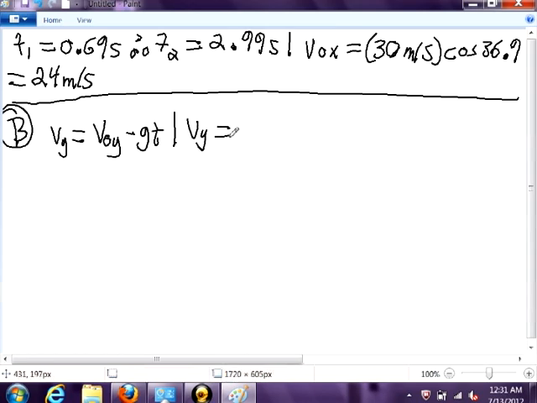Okay, so let's say now that Vy is equal to V0y, which was 18 meters per second, minus 9.8 meters per second squared times 0.69 seconds.